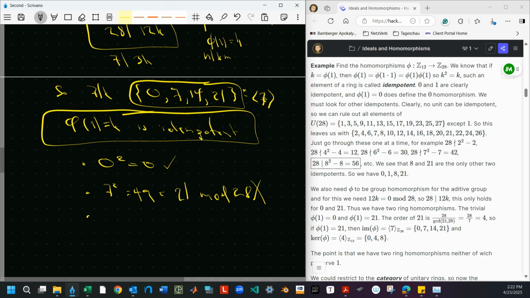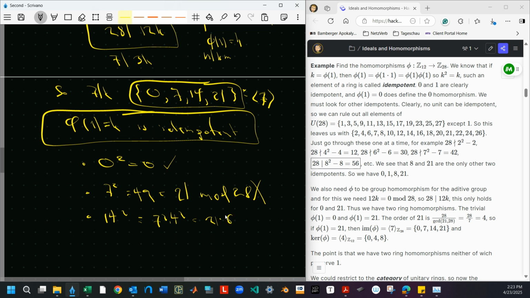Okay, what is 14 squared? Let me see if I can play with some algebra here. This is actually 7 squared times 2 squared. I'm doing everything mod 28, so 7 squared turned out to be 21. So this is 21 times 4.